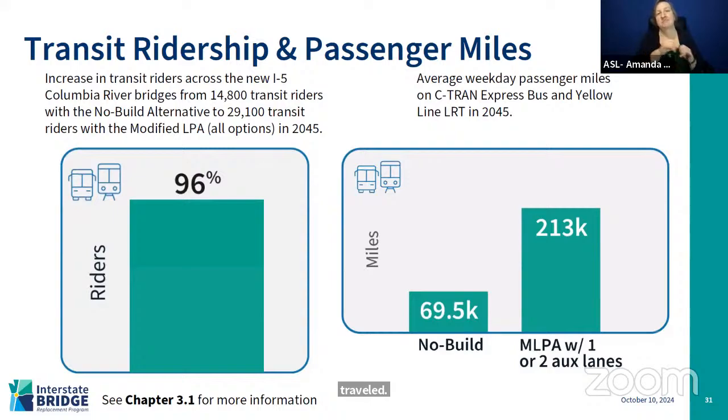So the extension of the yellow line from Expo to the new terminus near Evergreen is an exclusive right-of-way, as well as the new shoulders that are proposed on the IBR program, which would be reserved for express buses. So these both contribute to this large increase. The modified LPA with 1-aux lane or 2-aux lane will be almost a 200% increase compared to the no build in passenger miles in exclusive right-of-way.